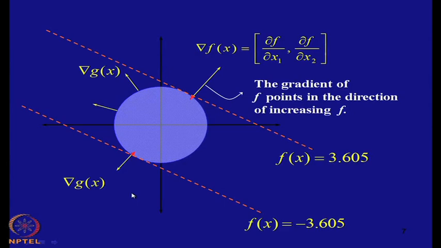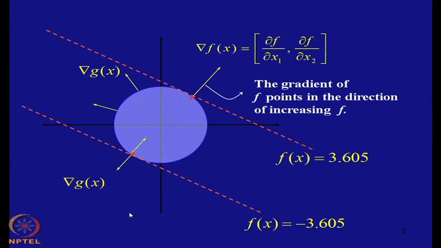This fact is the basis for the development of the Lagrange multiplier method, which I will explain next, and there we will see that the Lagrange multiplier gives us the relation between the magnitude of the gradient of the constraint and the gradient of the objective function.